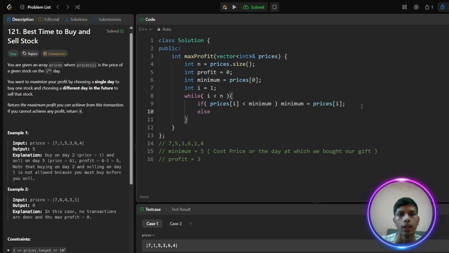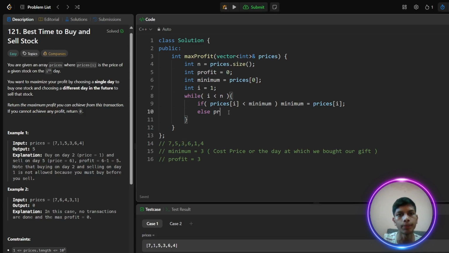Now else, if price is greater, for example, my minimum is this 3, and price is 6. Sorry, at another day in which we are going to sell is 6, so we will count our profit here. Simply we will count our profit here.